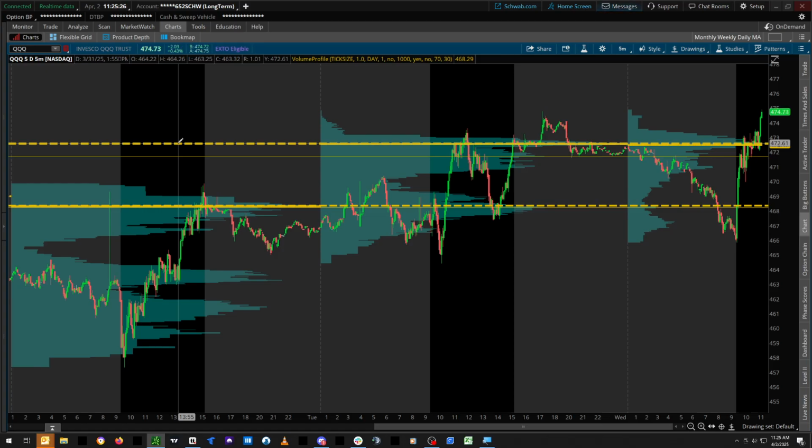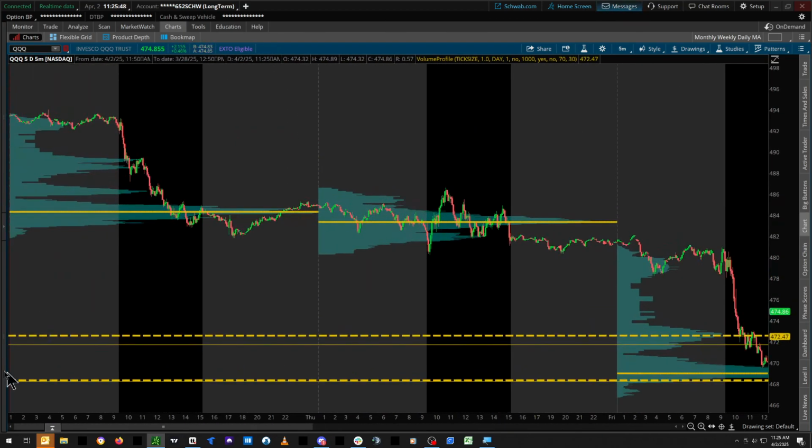You certainly can do that. No harm, no foul with that. The main thing to understand is the more time there is, a point of control loses its magnetism over time, because people move on, the market moves on.